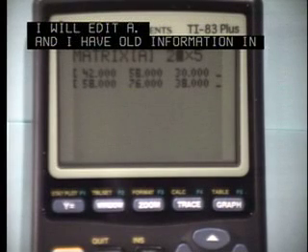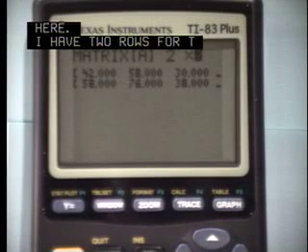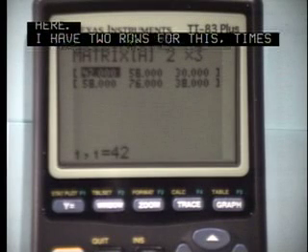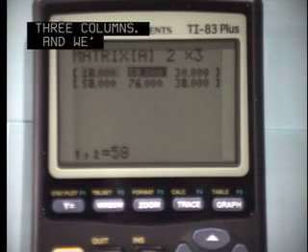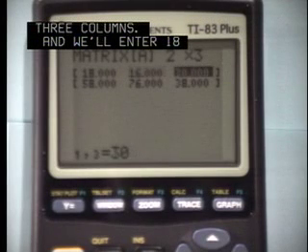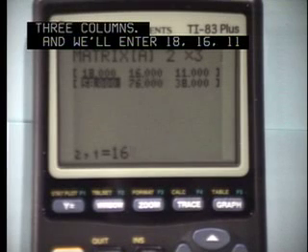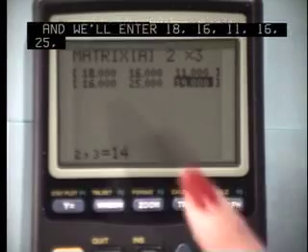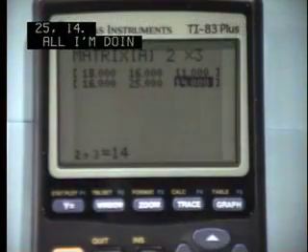I have 2 rows times 3 columns, and we'll enter 18, 16, 11, 16, 25, 14. All I'm doing is entering the values that were right here.